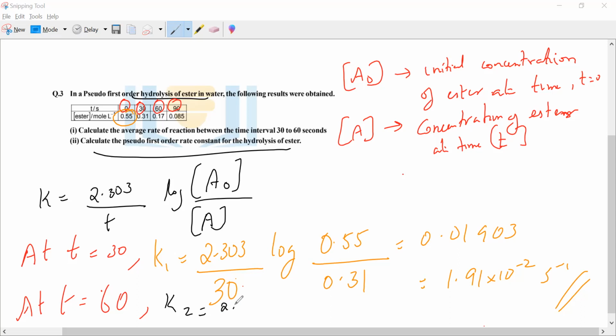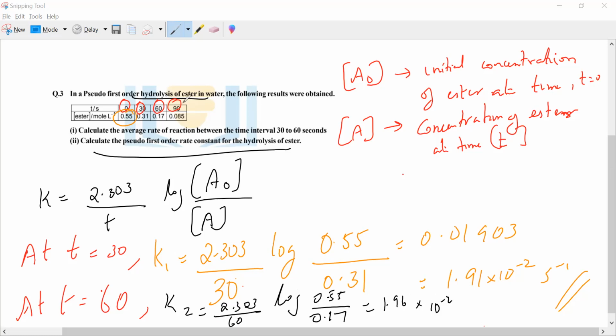Same thing, 2.303 by 60, log of 0.55 by 0.17. So upon doing this, you'll be getting almost the same, 1.96 into 10 power minus 2.